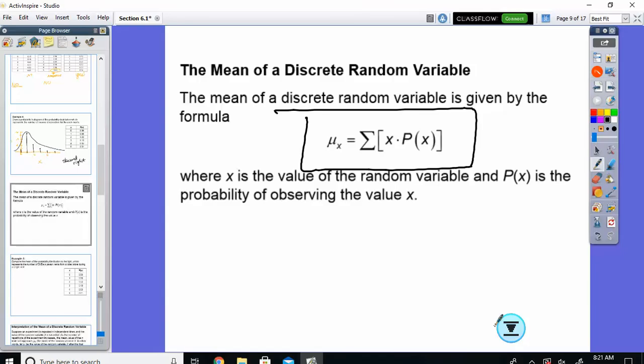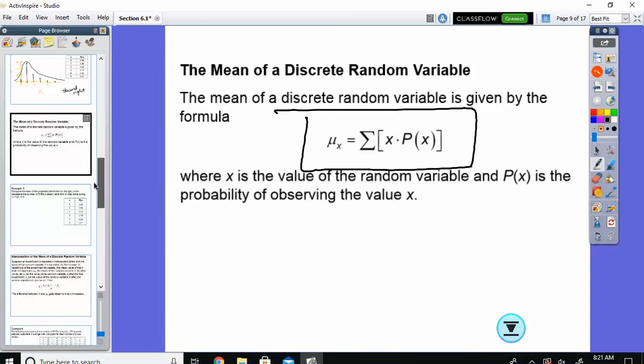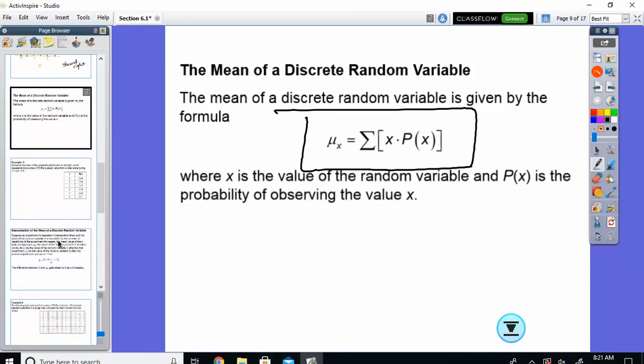I would like to find the mean for the example we were just doing. So what we will usually do is just add another column to our probability distribution. We already have the x and we have the p of x. So now we have to multiply those two things.